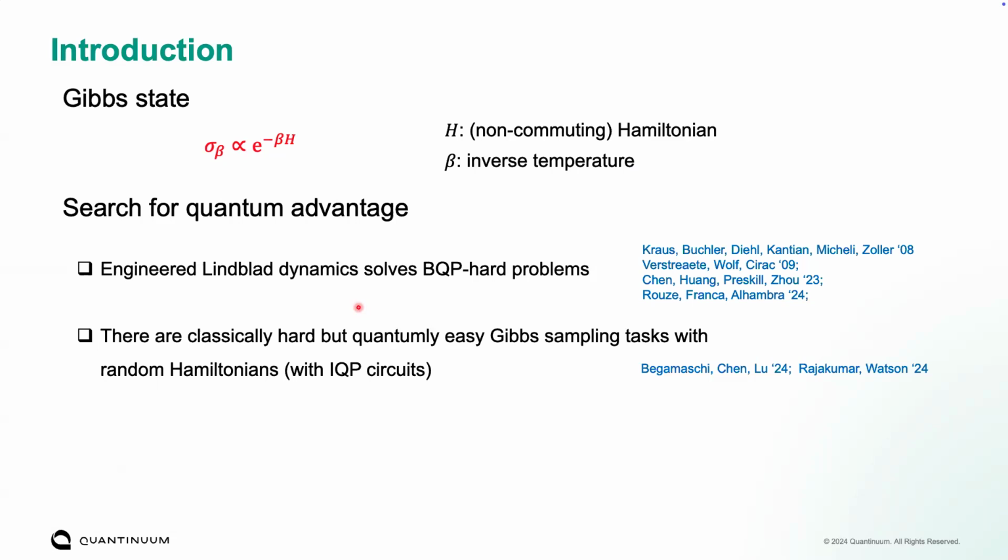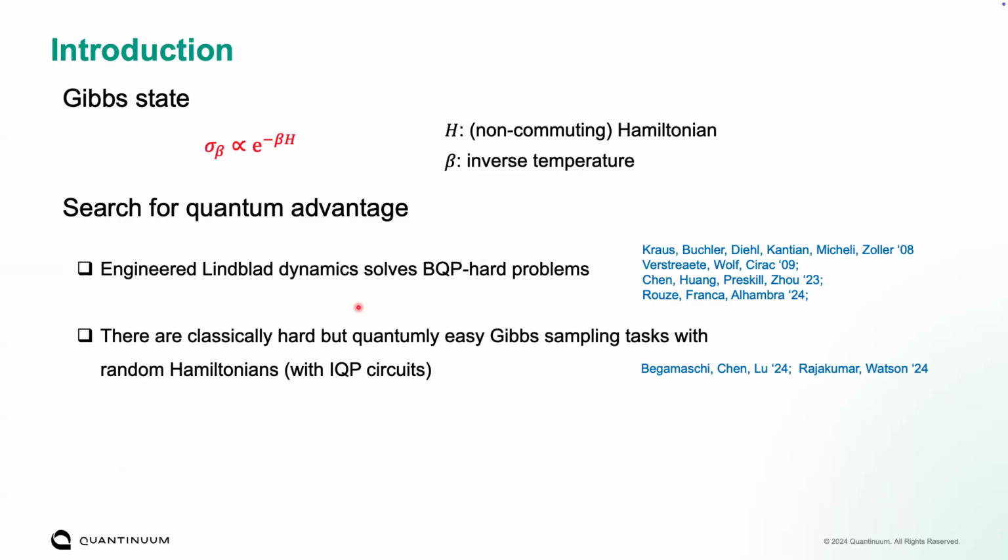Or more recently, there has been an interesting proposal about the sampling problem. You construct certain random Hamiltonians using what is called an IQP circuit. And using that random Hamiltonian, you can construct a Gibbs state again. And then you do some sampling task, and that turns out to be classically hard, but quantumly you can do easily. So this is a very interesting proposal that you can potentially address using near-term quantum devices.